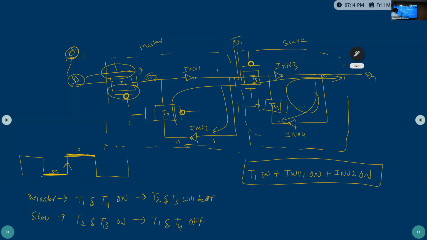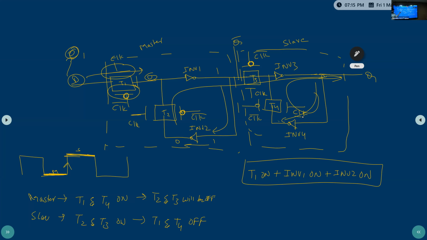This one is CLK, this one is CLK bar. Based on the clock pulses, it will be turned on or turned off.